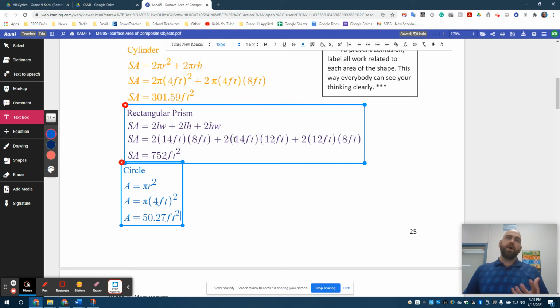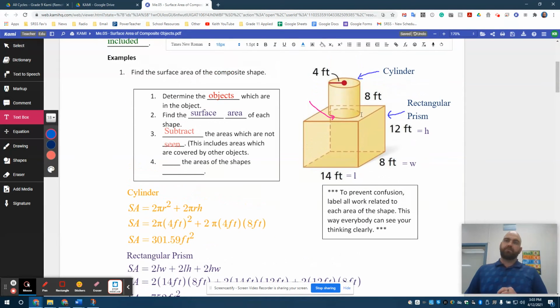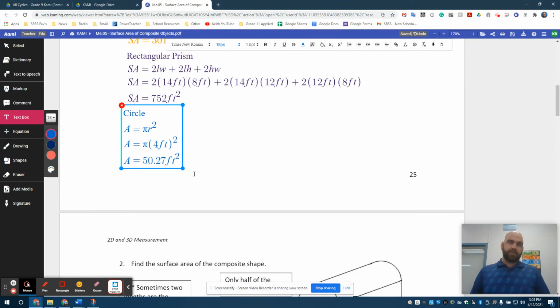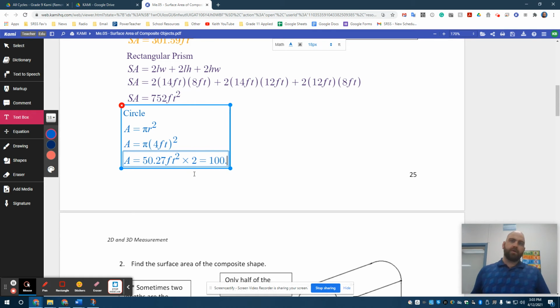We have to subtract from the bottom of the cylinder because we can't see the bottom of the cylinder. We also need to subtract it from the top of the rectangular prism because that part is covered. So we have to subtract it twice. I'm going to multiply this by 2, so it's 100.54 feet squared.